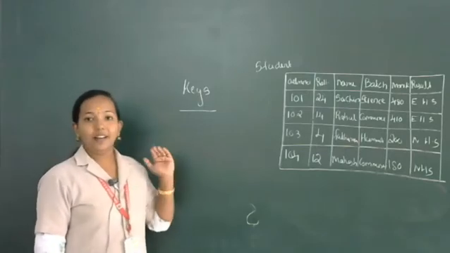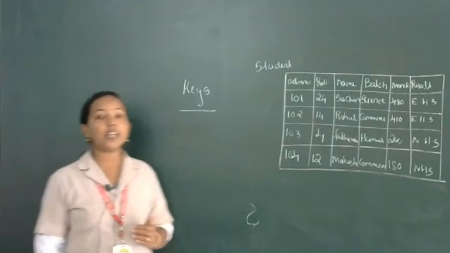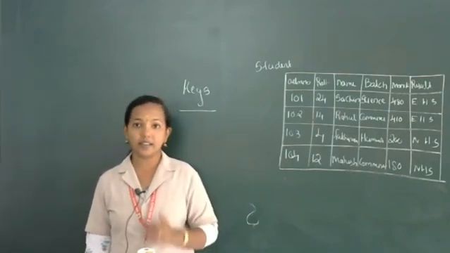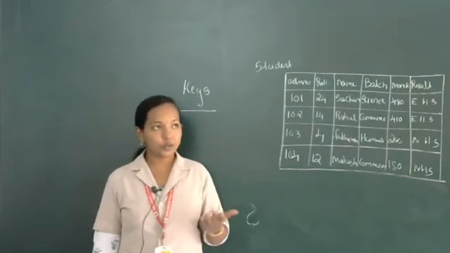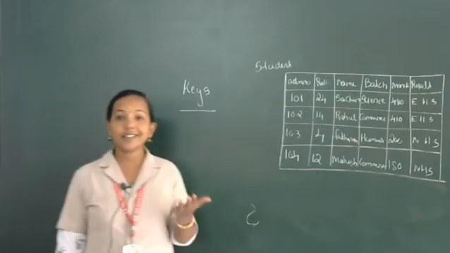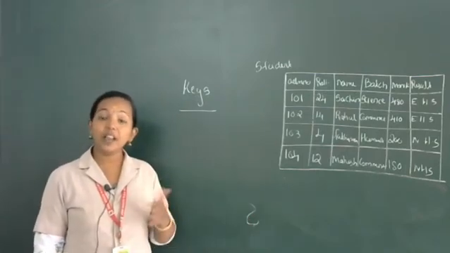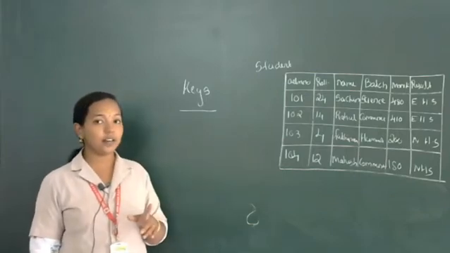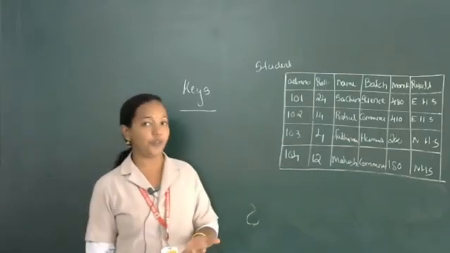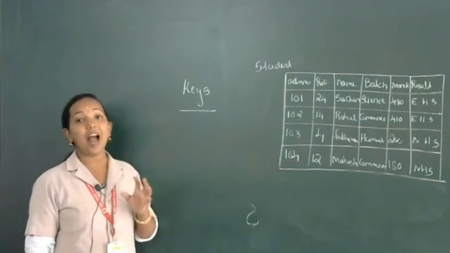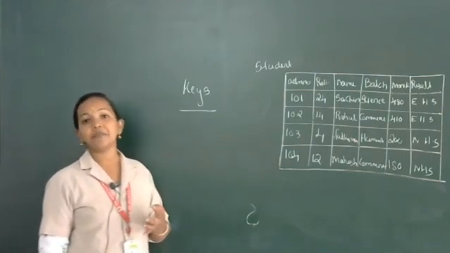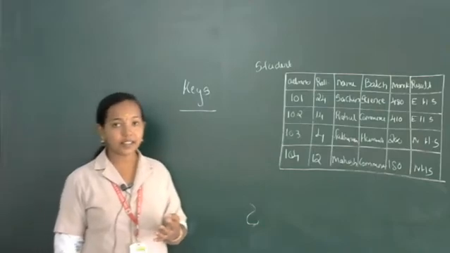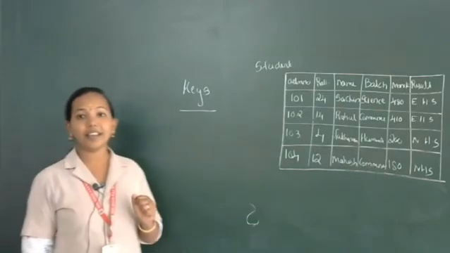Clear? So in RDBMS we are using a new term called keys. Keys are the unique identifiers. The definition of a key is: it is an attribute or set of attributes, not only a single attribute, one or more attributes we can use to uniquely identify or recognize a tuple from a relation. That is known as a key in a relation.